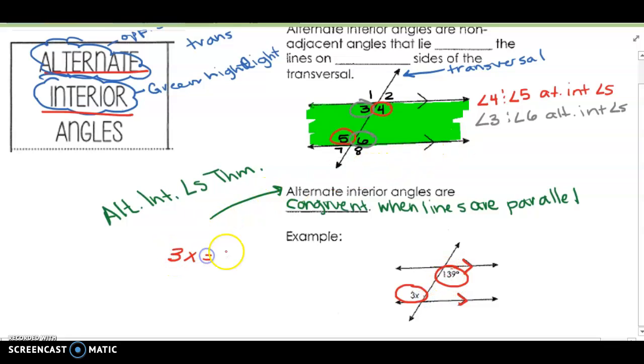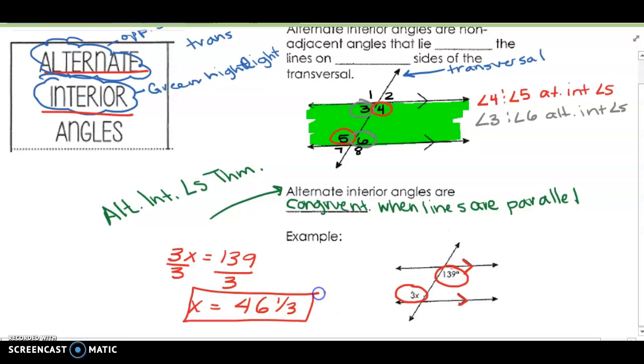So 3x equals 139, divide by 3, divide by 3. Let me get my calculator. 139 divided by 3, so x is going to equal 46 1/3.